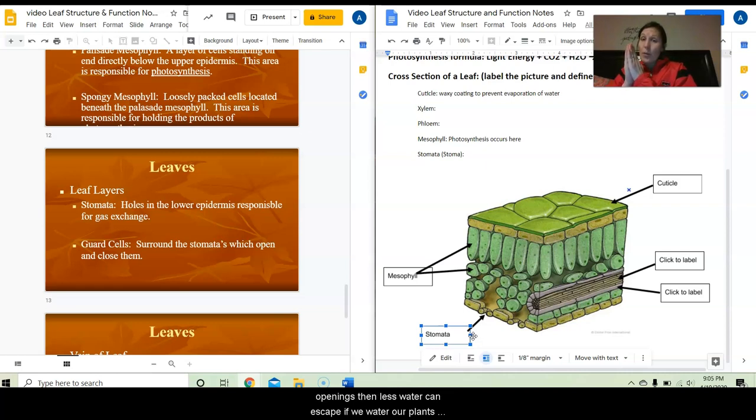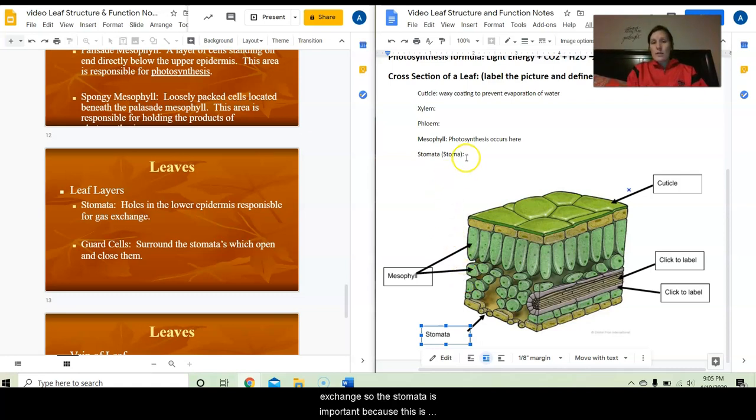If we water our plants, or maybe it rains, and we suck up a whole bunch of water from our roots, then those guard cells will get turgor pressure and they'll open up. And then your plant can breathe, okay, and do gas exchange.